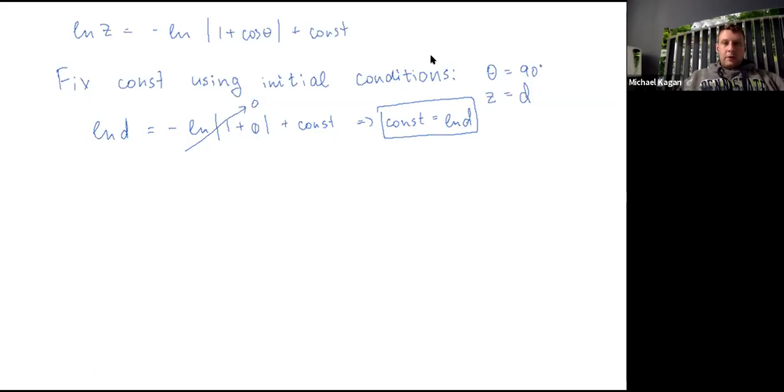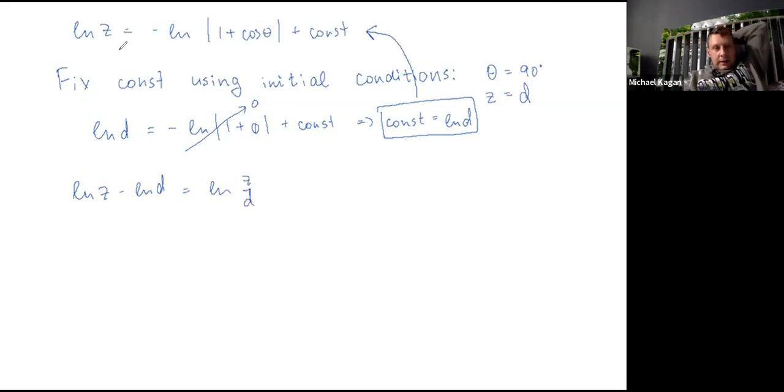Okay, so now this goes back in here, and you see we can move this log to the left-hand side and combine with the z. We know that ln of z minus ln of d is actually ln of z over d. And that's a good thing because, as a physicist, you should be really thoughtful about units. Whenever you see a log function or trig function, exponential function, the inside of that function must be what?